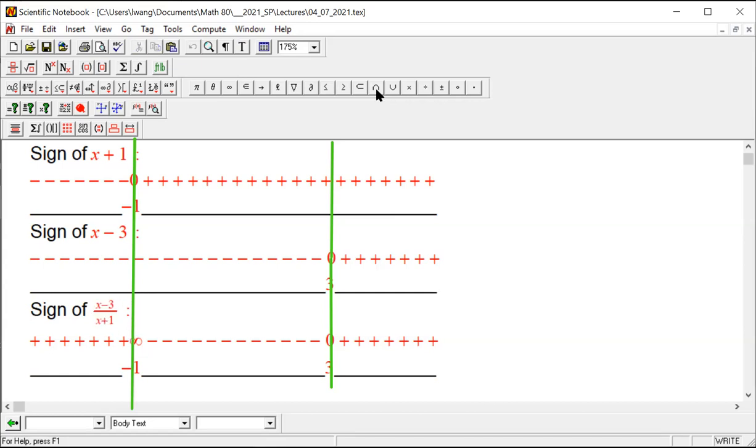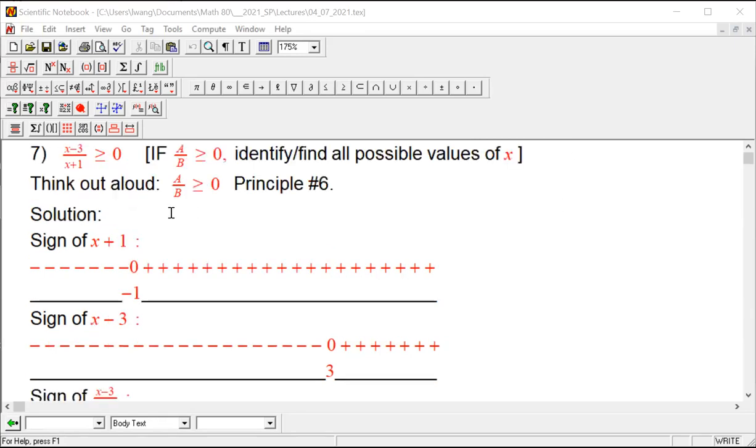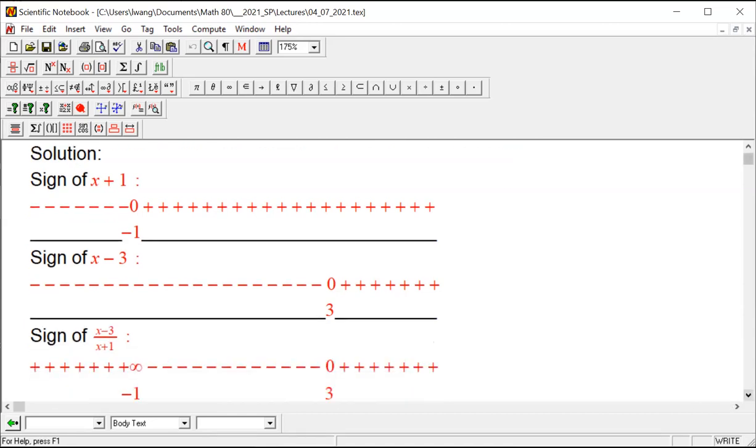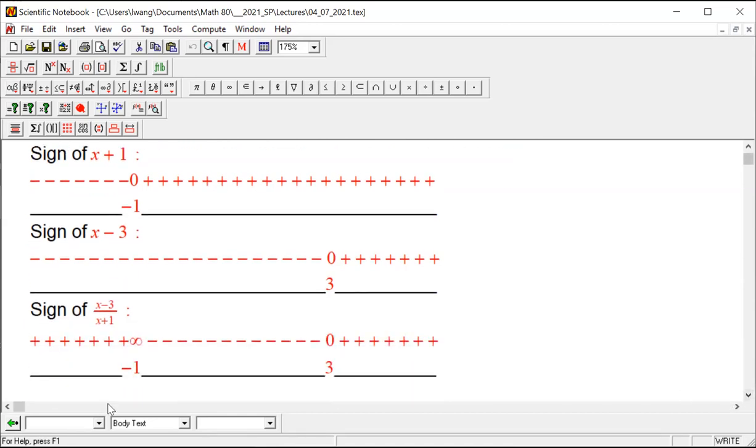So we can see that by applying principle number 6, we want the quotient to be positive or 0, right? So when is the quotient positive or 0? Less than -1, at 3, and larger than 3.